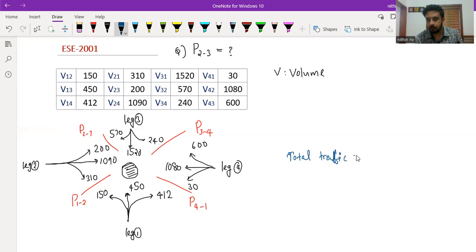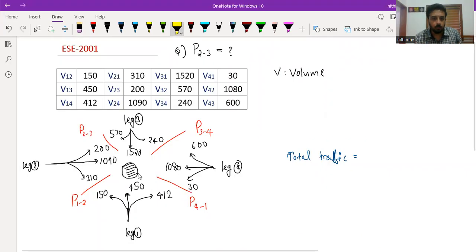The total traffic means what? Don't think that it is the sum of all the values given. No. What is the meaning of total traffic? It means the number of vehicles which are using that particular location which we are considering as of now. What is that location under our consideration right now? Between leg 2 and 3, right?